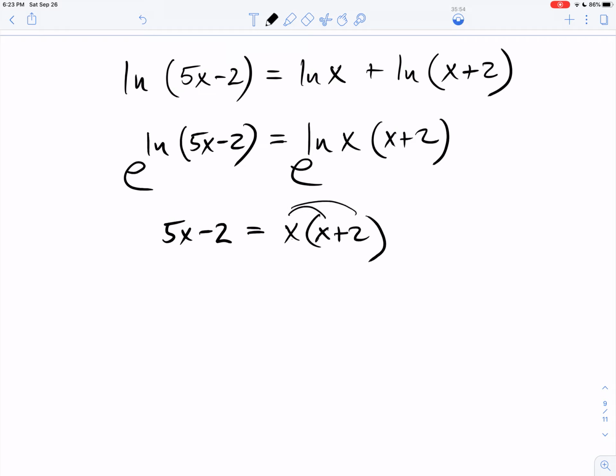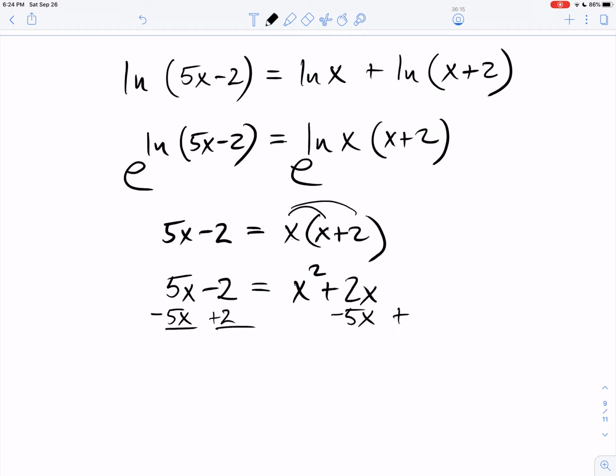It doesn't mean divide everything by x or make up your own rules. I'm going to get this to look like that, which means I have a quadratic. The highest power is currently positive, so I am going to move all this stuff over to the other side.